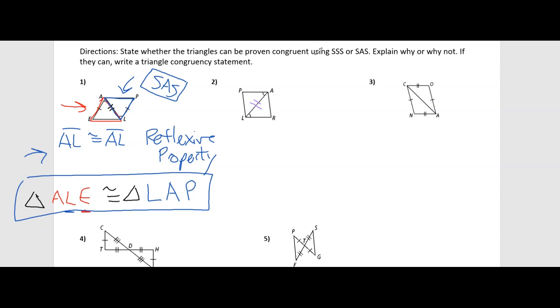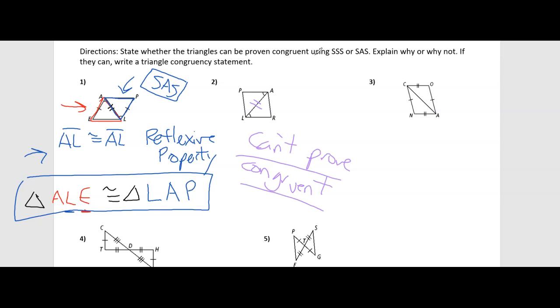There's no midpoint being given. There's no segment bisector. There's no reason that we could say why any of the other sets of sides are congruent. So for this one, we would say can't prove congruent. We don't have enough information.